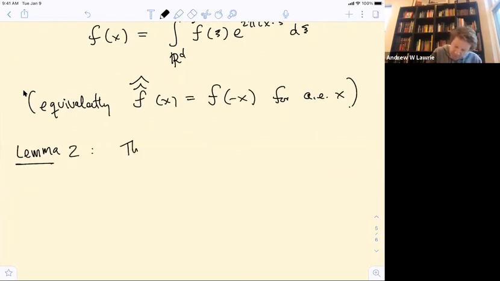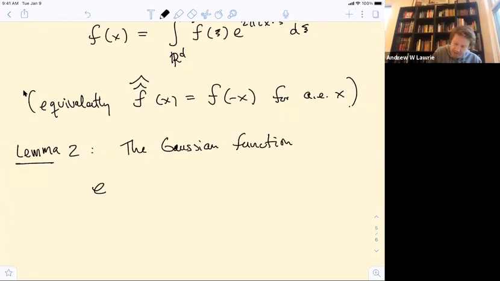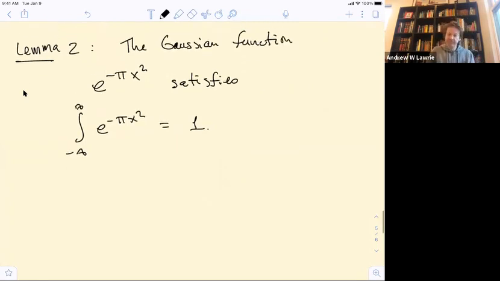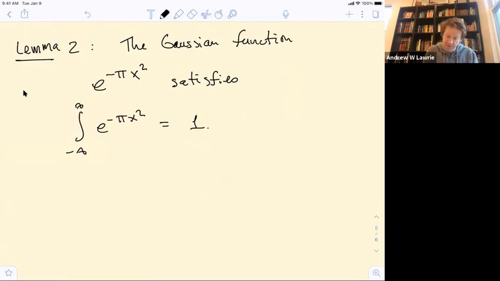The Gaussian function e to the minus pi x squared, let me just make this a function on R, satisfies that the integral from minus infinity to infinity of e to the minus pi x squared dx equals 1. So this function integrates to 1.